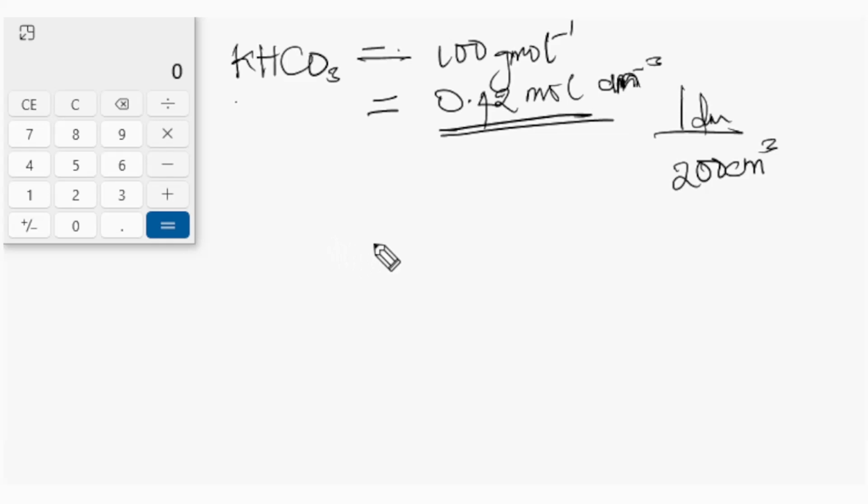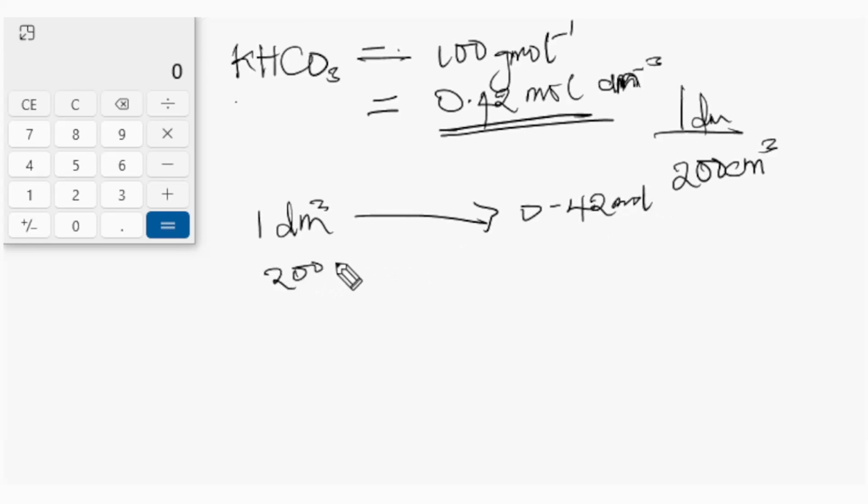So if 1 dm cube of the solution gives us 0.42 moles, so 200 cm cube of the solution will give us what? We don't know, so we are going to cross this out and multiply. So 200 cm cube is going to multiply this.